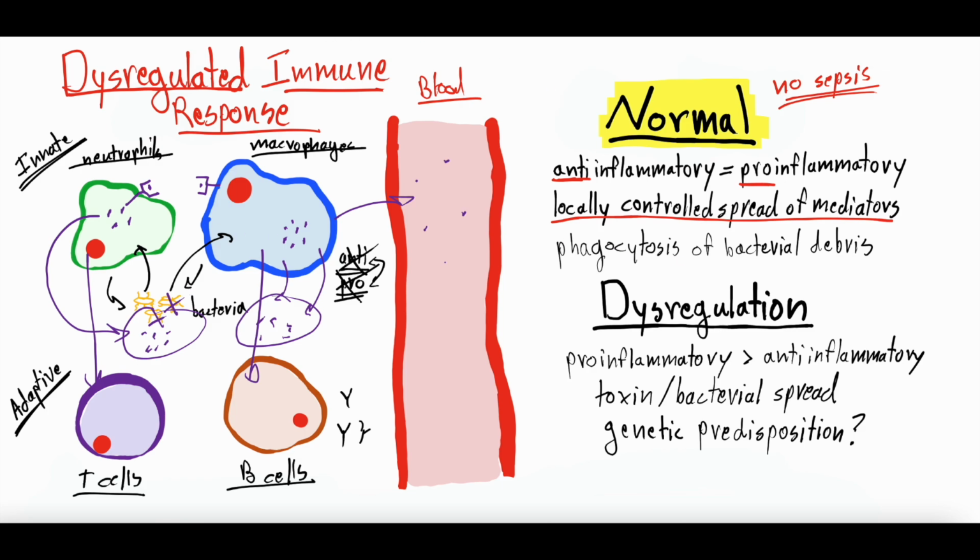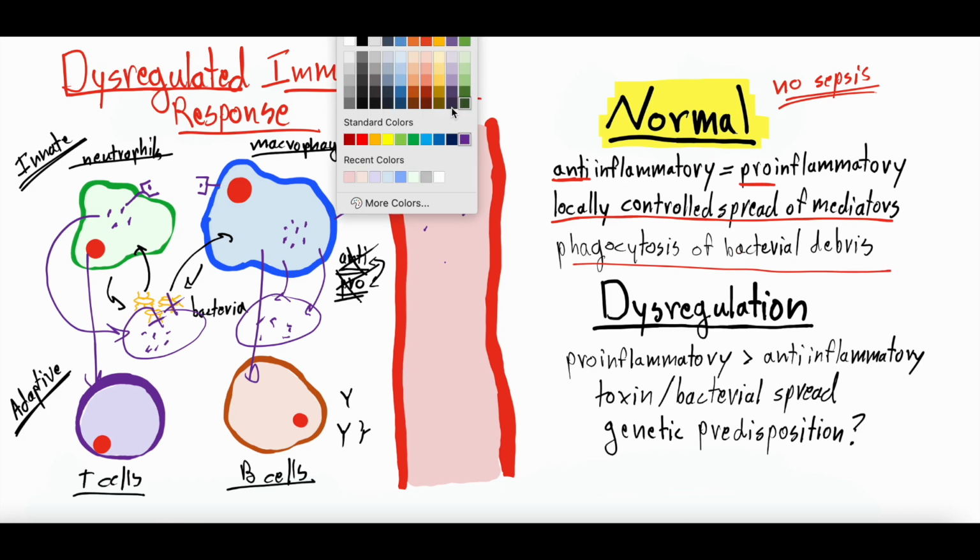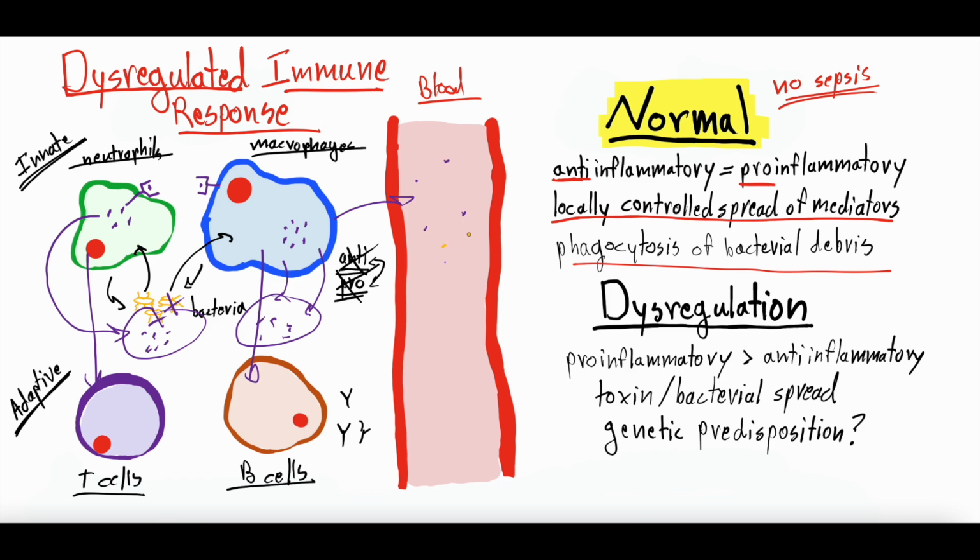So there's also phagocytosis, which is when the cells envelop these bacteria and take them into the cell itself. There's a degree of phagocytosis of bacterial debris and the bacteria themselves, because if these bacteria or even debris were to get into the bloodstream, they'd spread to a bunch of different tissues and then prompt this crazy immune response. So there's some local control of that infection in that area.